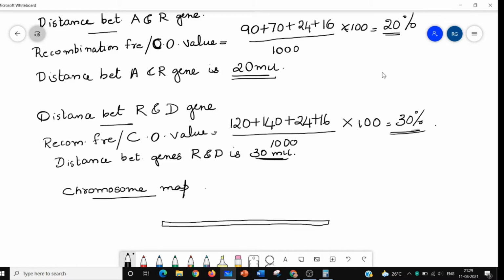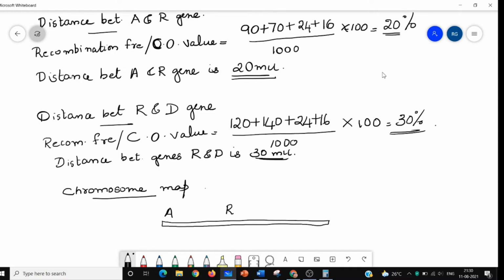You know the gene order. R is in the middle, A and D are on the two sides. So we can write R, and the distance between A and R is 20. So we arbitrarily place R close to A, and the distance between R and D is 30.